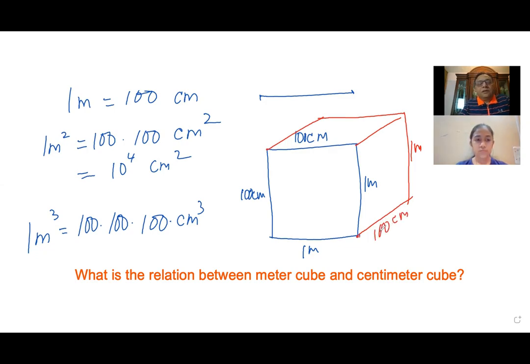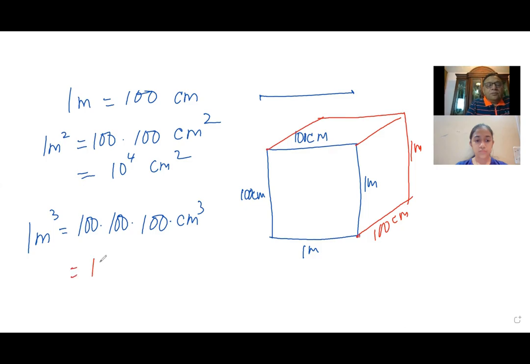So the volume will be all multiplied. How many zeros are there? 1, 2, 3, 4, 5, 6. You get the idea? So that is the conversion factor: 1 meter cube is 1 million centimeter cube.